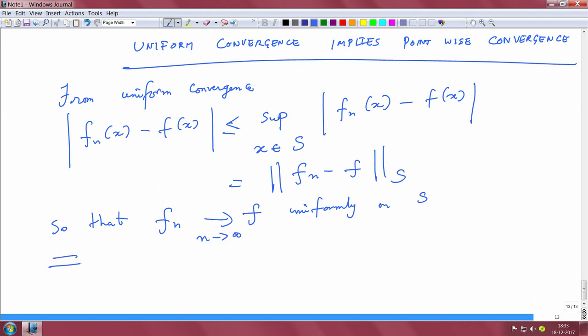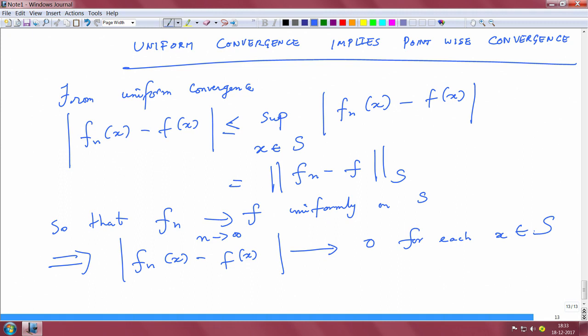So, this implies absolute value of fn of x minus f of x heads to 0 for each x belonging to S. This is very important. For every x, pick an x, for each x this absolute value of fn x minus f of x heads to 0, right.